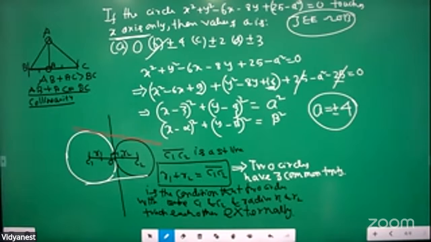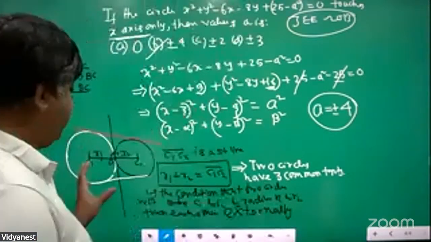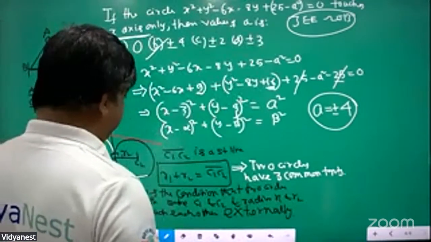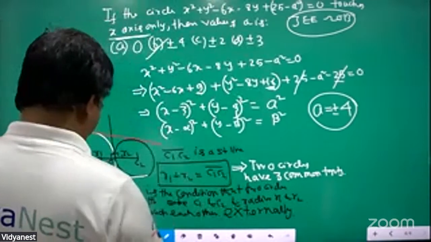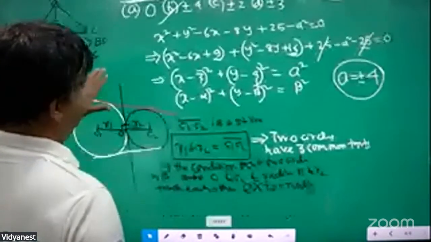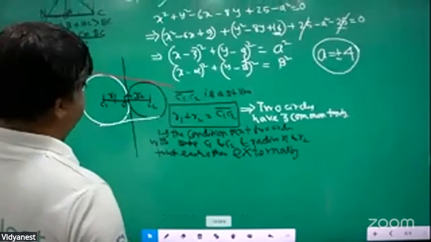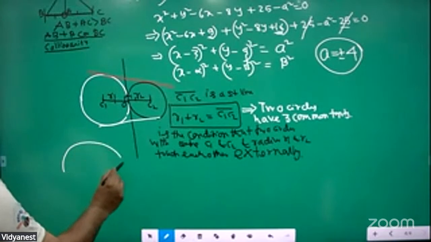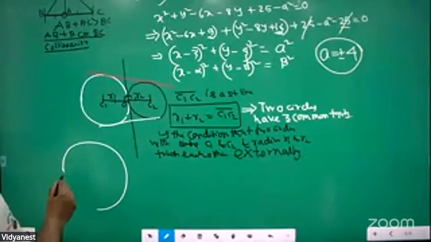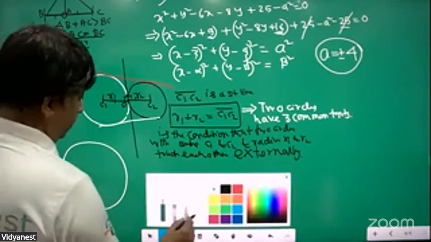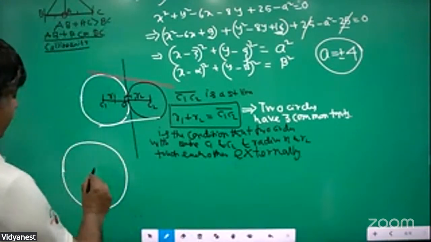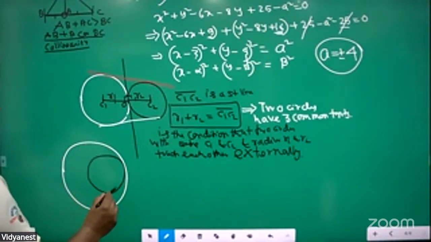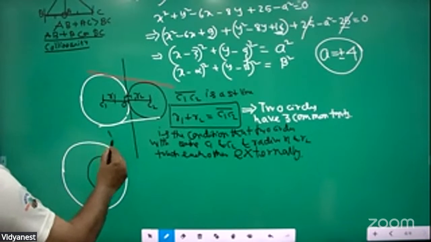Now, if they touch each other internally, this is a bigger circle. Now, there is a smaller circle that lies inside the bigger, but they are touching each other internally.